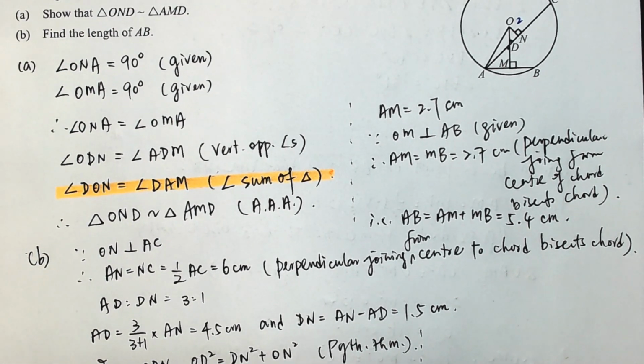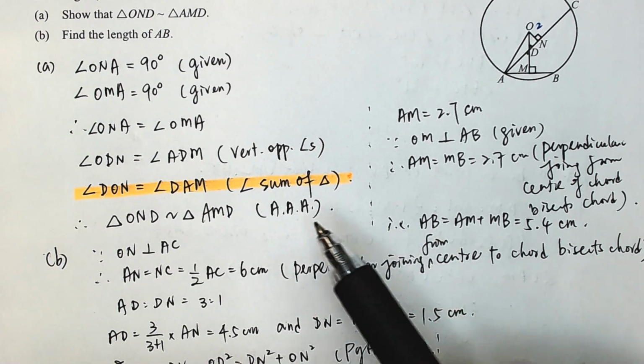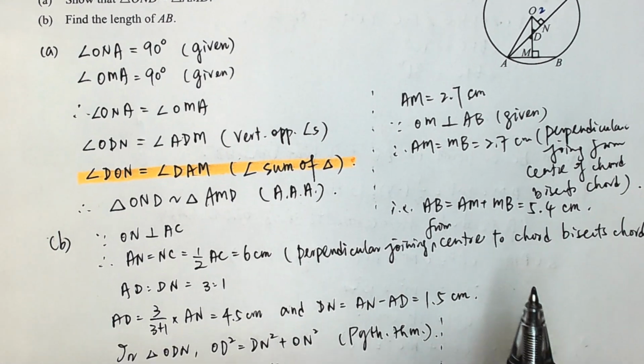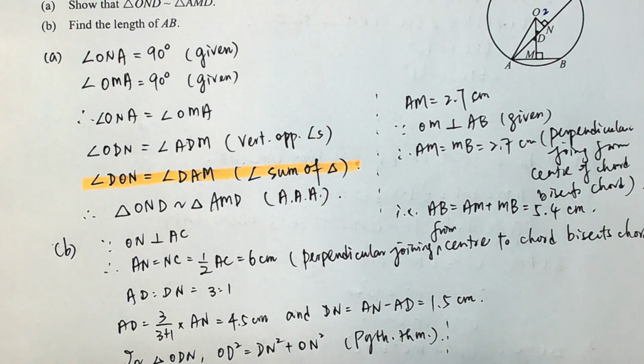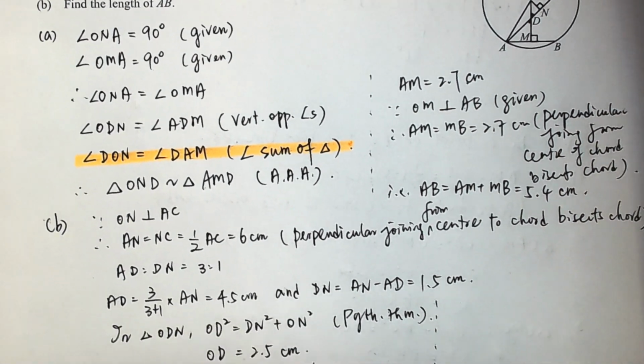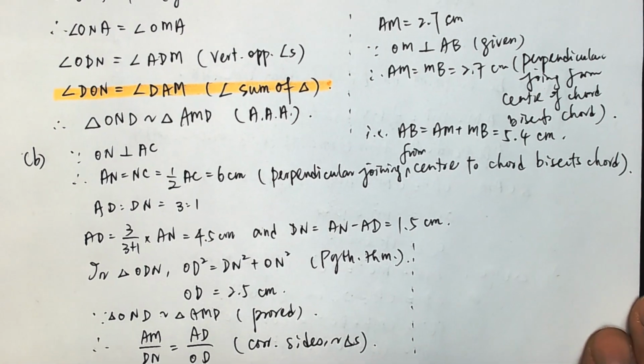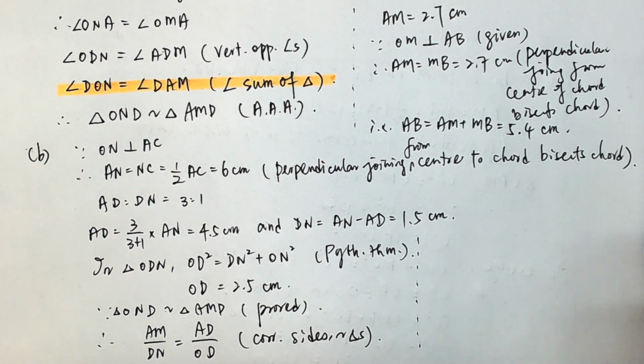Okay, so this is example 4. It is a little bit long because it involves a proof and the use of Pythagoras theorem and the use of similar triangles.